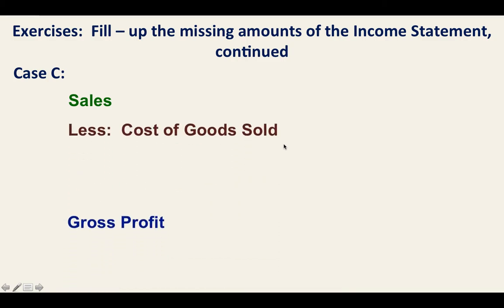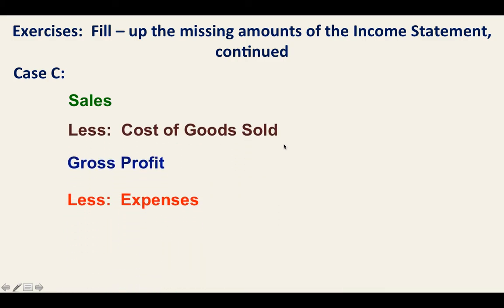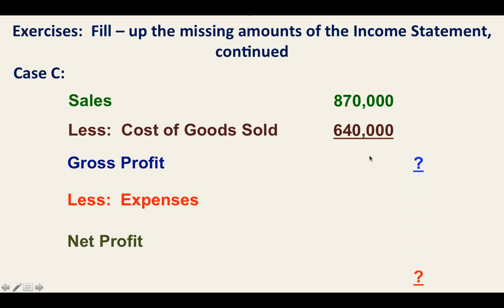Okay. So case C. Sales less cost of goods sold will give you your gross profit, less expenses will give you your net profit. Suppose that you have 870,000 sales, cost of goods sold is 640,000, so gross profit is missing.